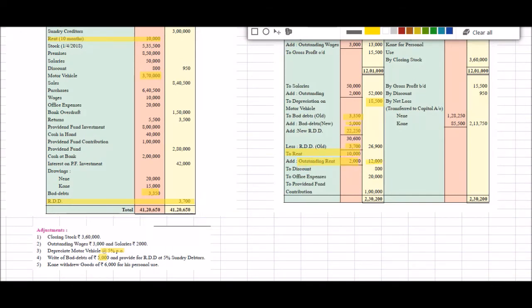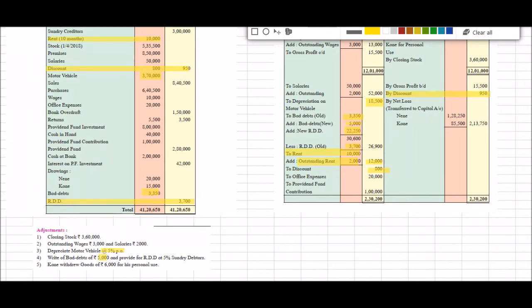Next is discount. Discount amount is 800 rupees, and we have a debit side and a credit side also. The credit side amount I take on the credit side only, that is discount received 950 rupees, and the debit side amount I take on the debit side only, that is 800 rupees. Next is office expenses.